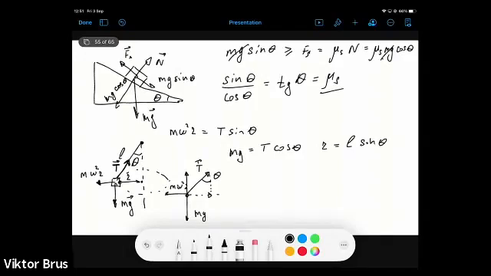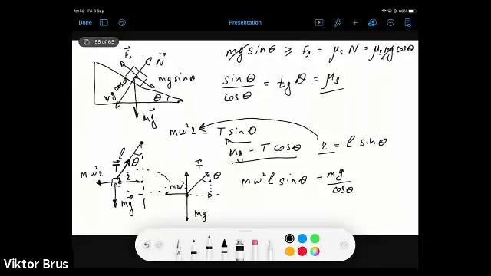So when we have this expression for r, we can substitute it here and get m times omega squared L times sinus theta is equal to mg divided by cosinus theta. So we can get an expression for T from here and substitute it here.